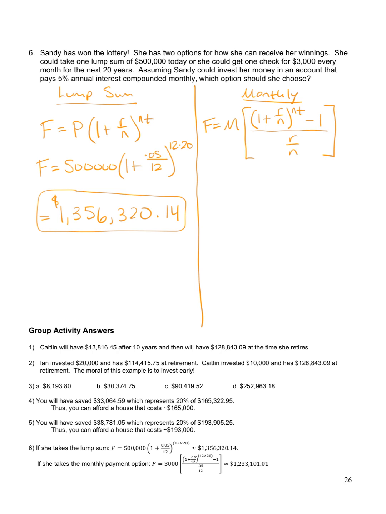Okay, so I fill in my monthly amount, which is 3,000. 1 plus my interest rate, 0.05 over 12, to the 12 times 20 years, minus 1, divided by 0.05 over 12. Have my calculator do this, and I get $1,233,101.01.